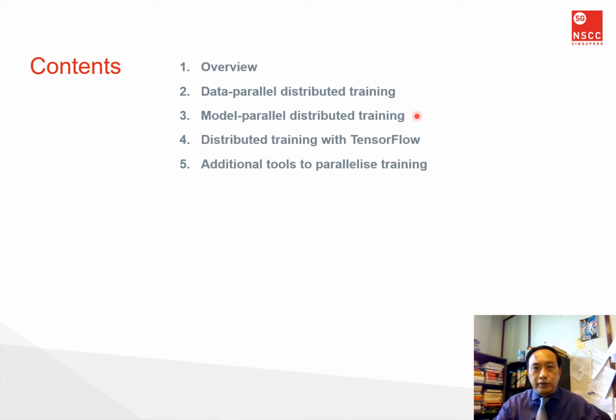Then we will go on to what we call the model parallel distributed learning, and then followed by distributed learning as implemented using TensorFlow packages, and also we will then go on to additional packages that are used to implement this distributed deep learning, both model parallel as well as data parallel. Although it is more common to find data parallel rather than model parallel, because model parallel is somewhat more complicated than data parallel.